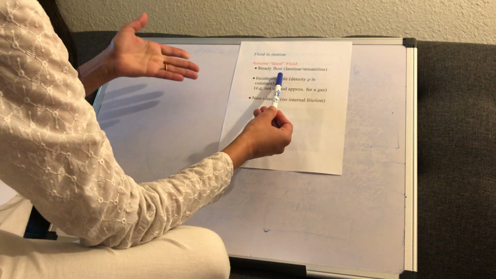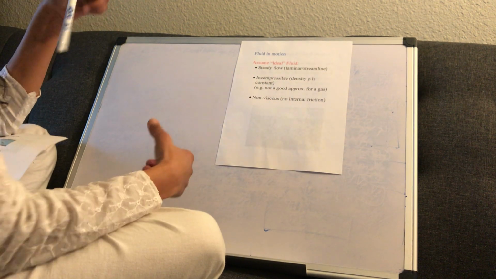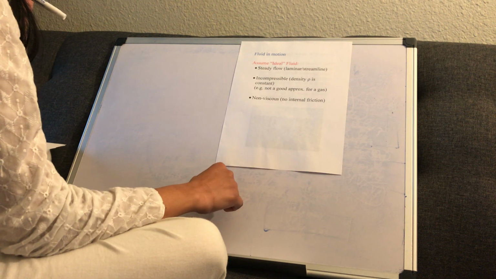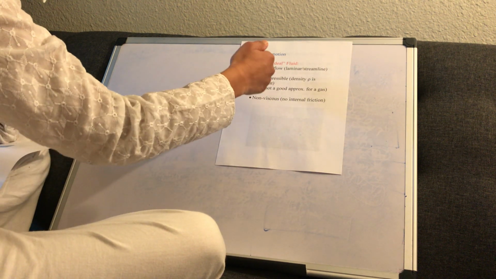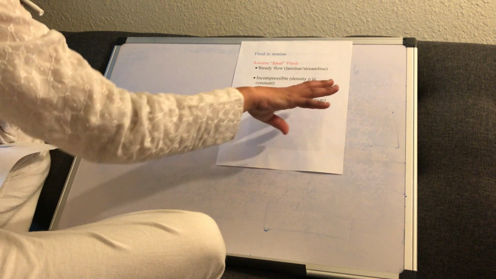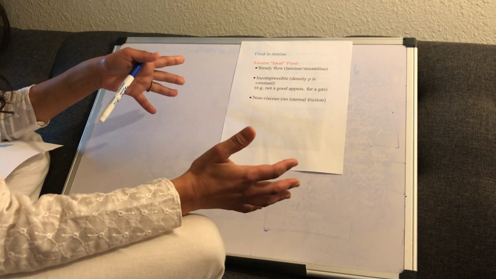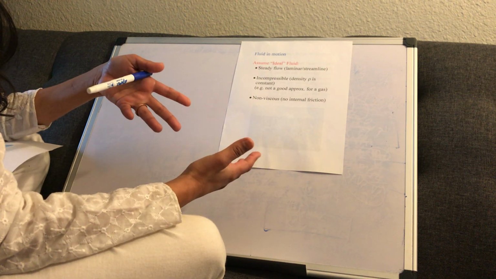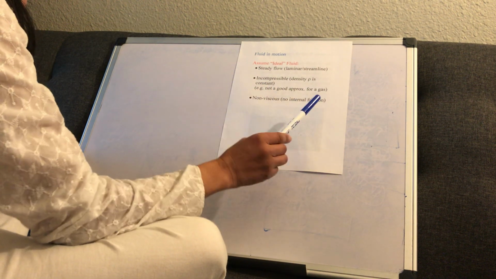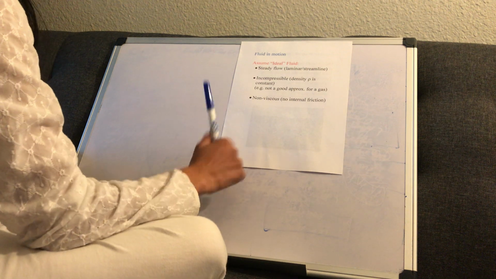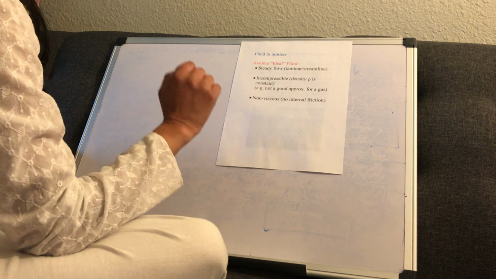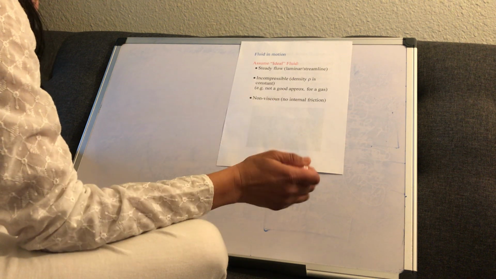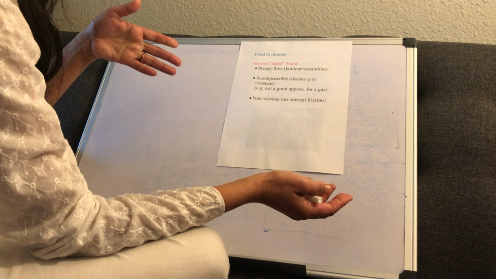It is incompressible, so density does not change. Remember, these assumptions will not be good for gas, because gas is compressible and the density changes as we compress it, so it is not a good approximation for gas. Another characteristic of an ideal fluid is that it is non-viscous, or it has no internal friction.